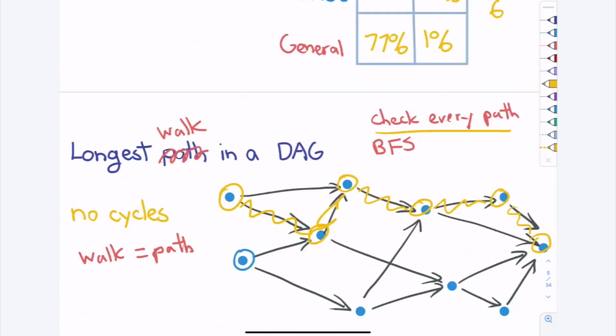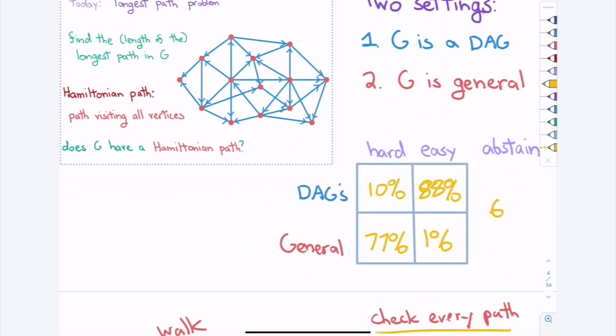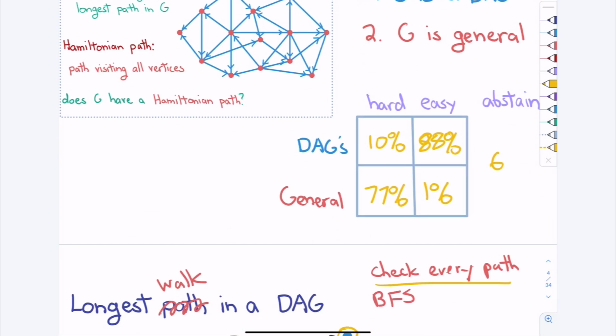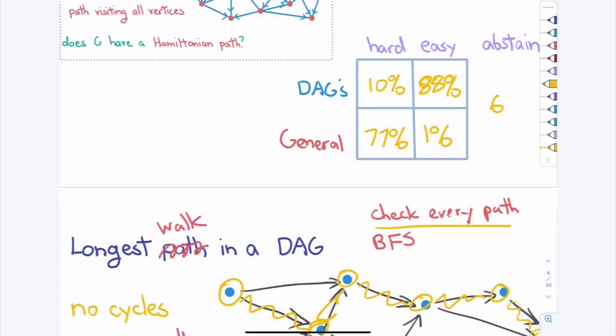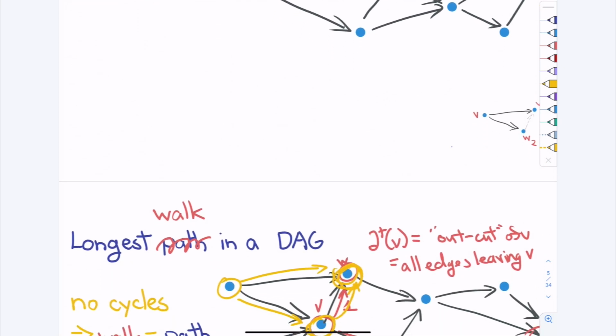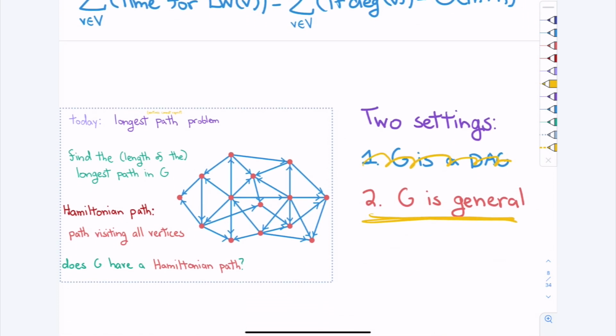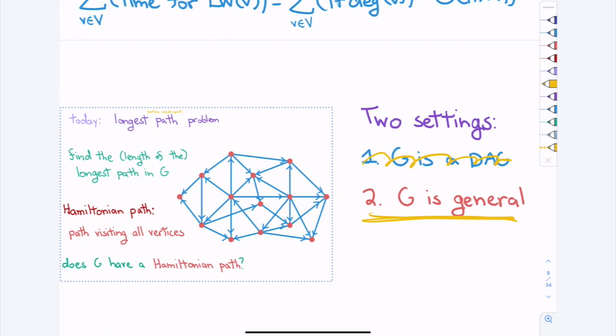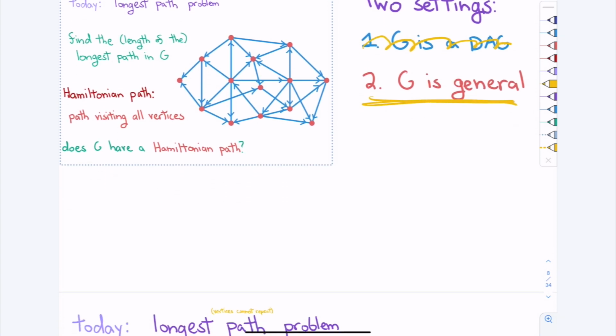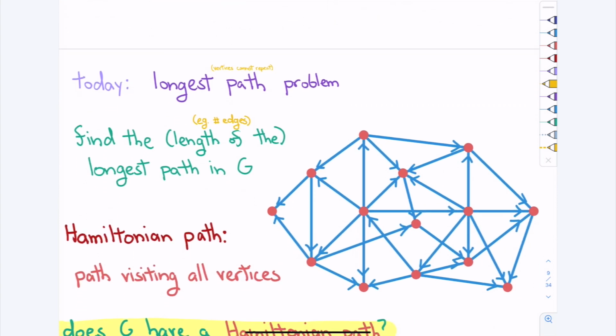We thought, most people thought this was hard, and more people abstained on this as well. Very few people thought this was going to turn out to be easy. Does anyone want to change their answer after finding out that you could do it in DAGs in linear time? No? Okay, fine.